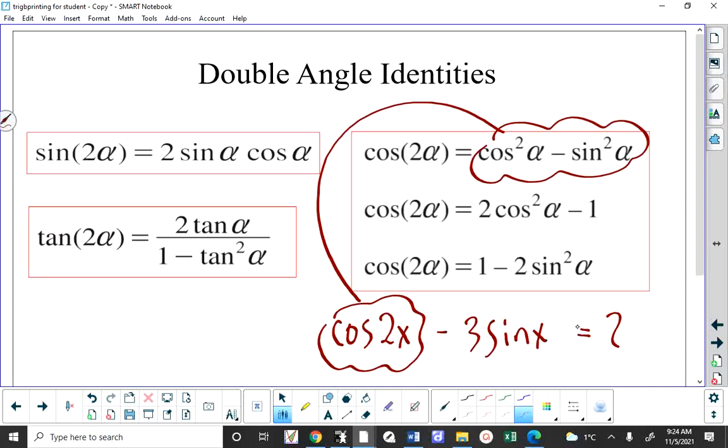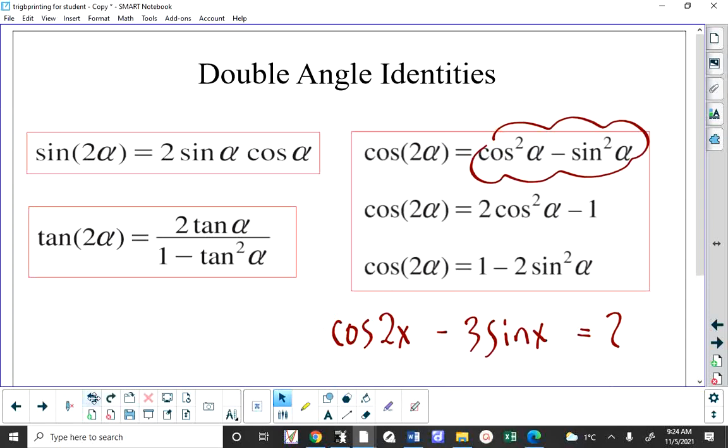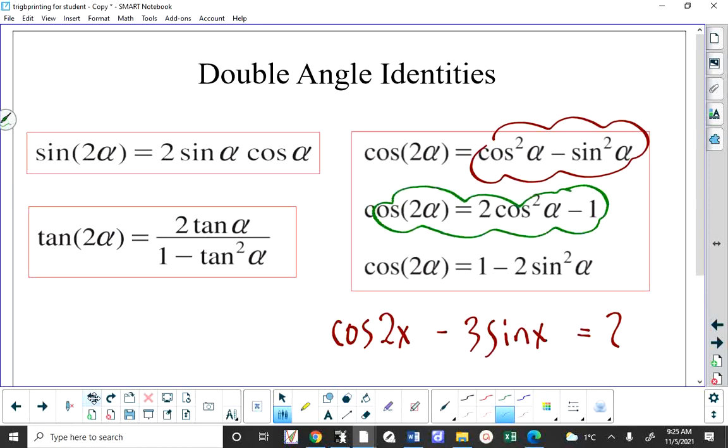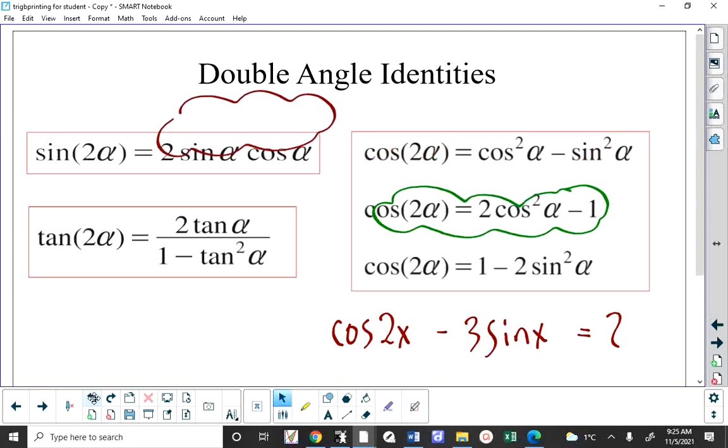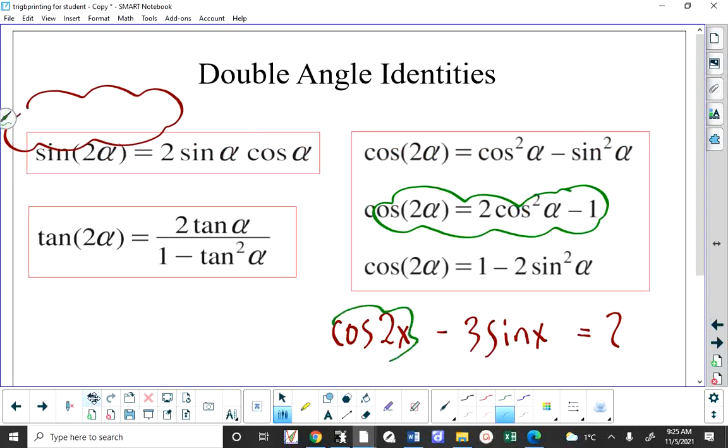In the end, what we want to do is use this as a replacement for cos of 2x. Well, not that, I suppose, just this part. I think you got my drift, but we're going to replace cos of 2x with 2 cos squared x minus 1. Then at least we have a single equation that has cosines, but it doesn't have sines, it doesn't have tangents, it doesn't have anything else.